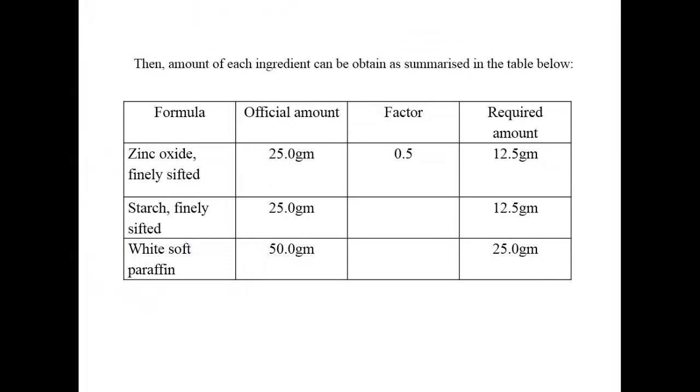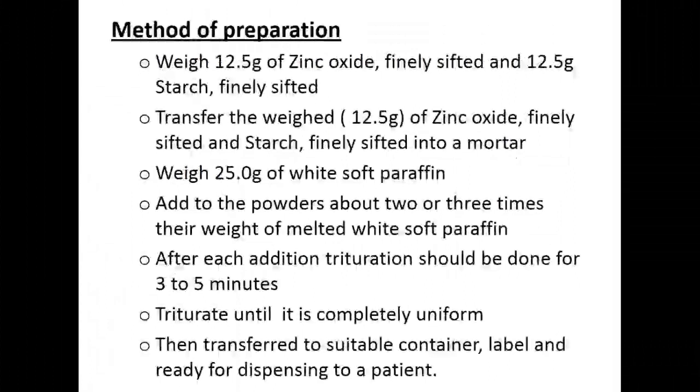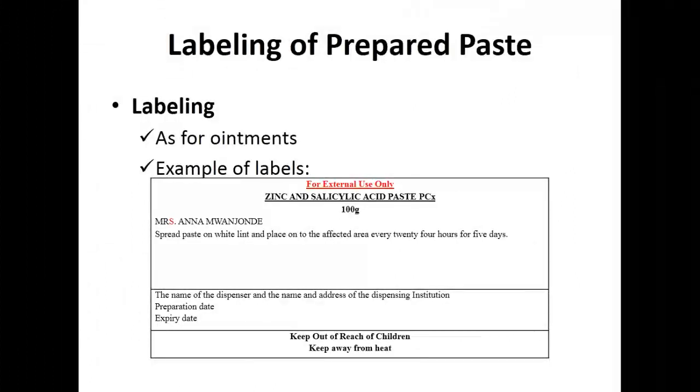White soft paraffin imetumika as a vehicle, while starch it is used as an absorbent, zinc oxide used as an ingredient. But there are so many, utafanya revision kutafuta matumizi mengine. Baada ya hapo baada ya uses of each ingredient unakuja utaandika storage condition.